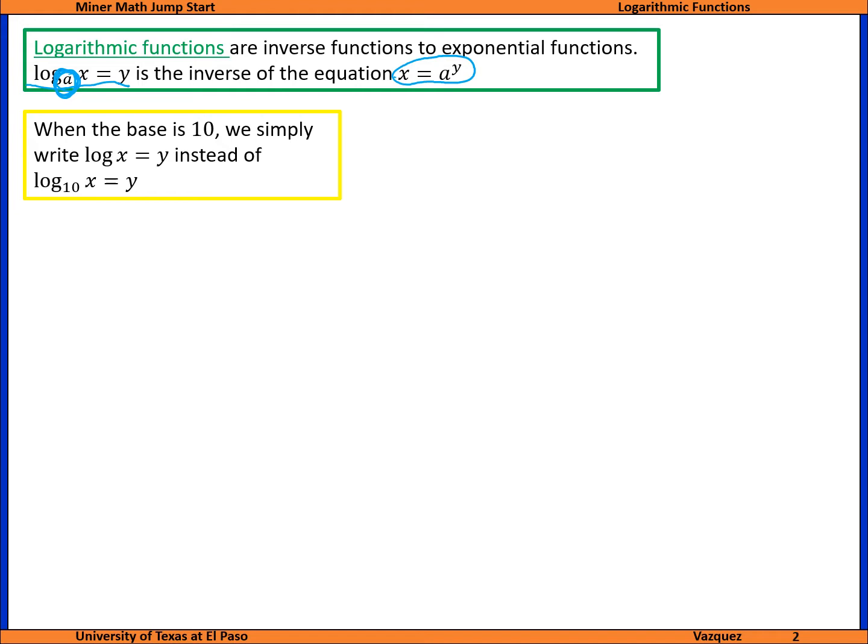There's a base a. When the base is 10, there's no need to write it. We just put log x, right? There is an invisible 10 there technically, but we don't write it because that's what we call base 10. So it's just log x equals y instead of log base 10 of x equals y.